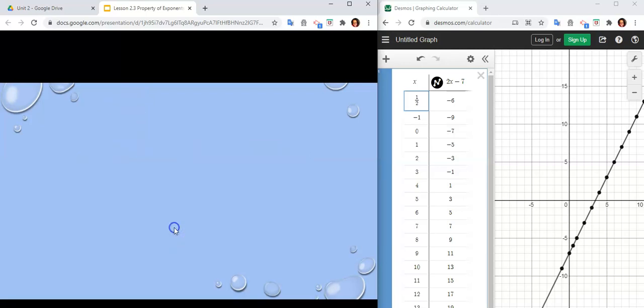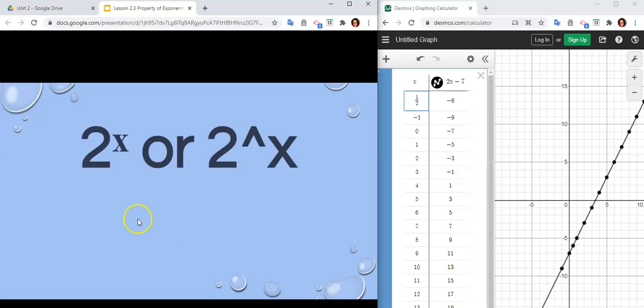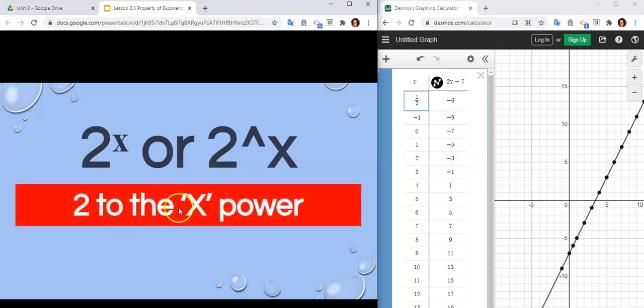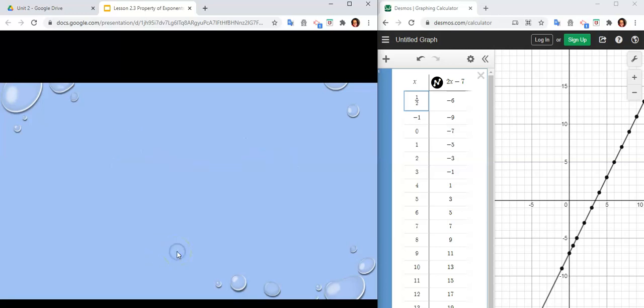If I see something like this, this is 2 to the x power. That's how I say this. It's not 2 to the squared power x. It's 2 to the x power. Whatever your exponent is, whatever that little small number is, that is your power. We're going to call it power, just so that we're all speaking a common language.